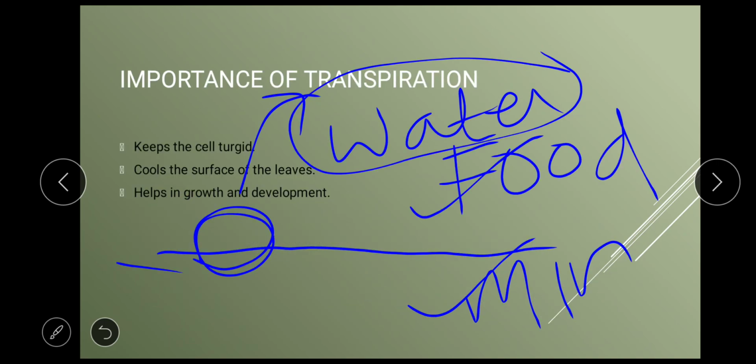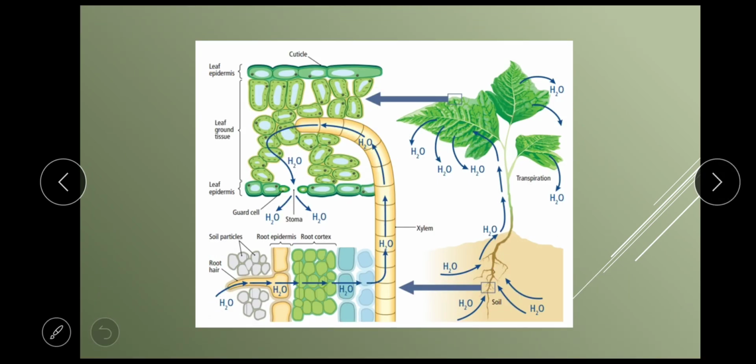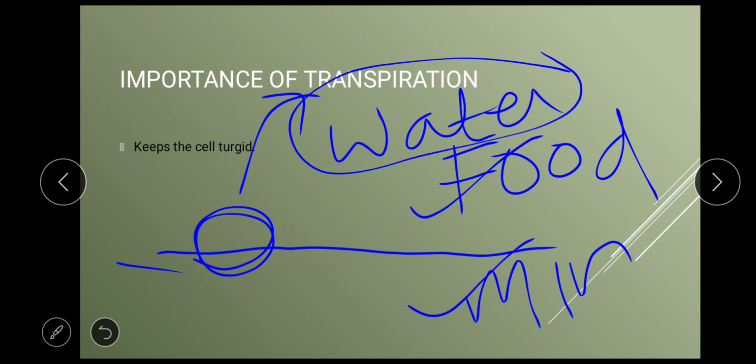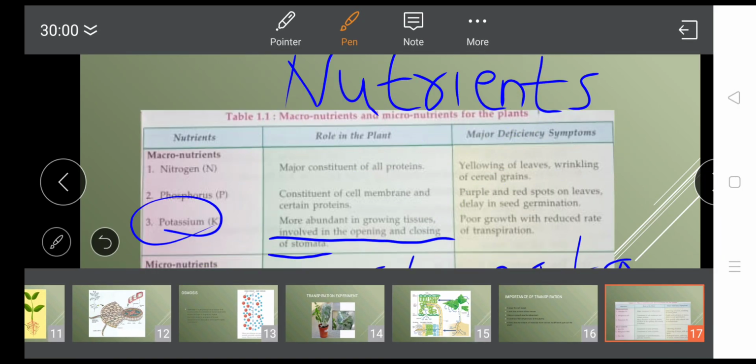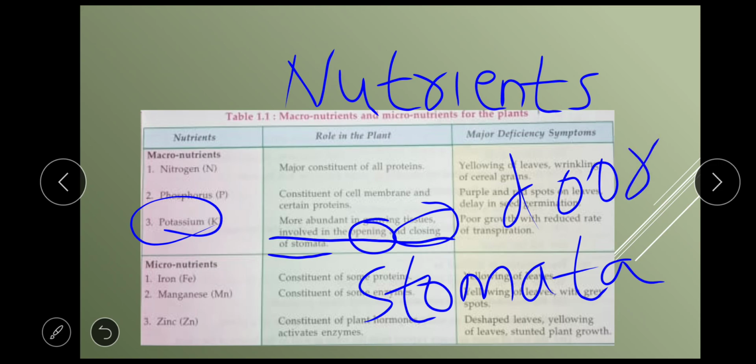See here, in this video we saw that the water coming from the plants comes out from here. So this was nothing but the stoma. This stoma is nothing but stomata. This opening and closing, stomata is like a door. When should water go out and when should water come in, the stomata decides. So this is done by this nutrient, potassium.